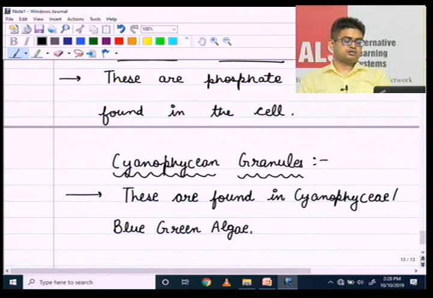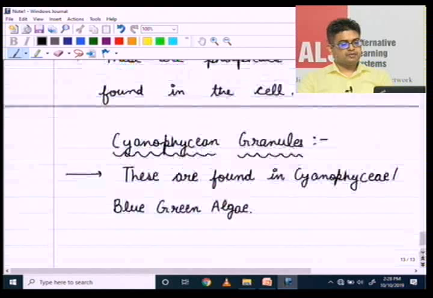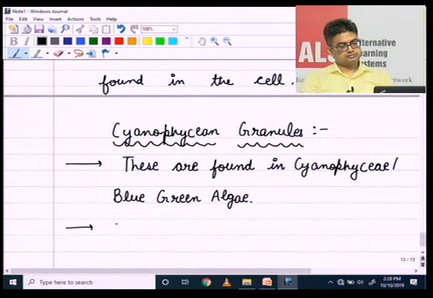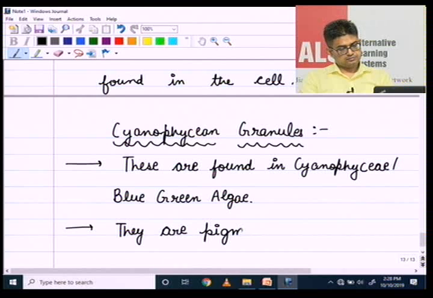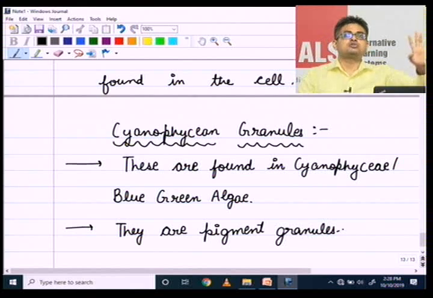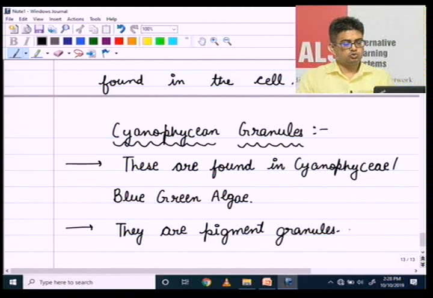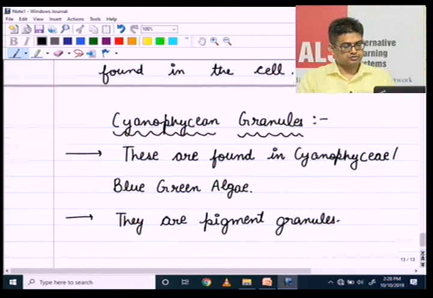These are pigment granules. They are not covered by plasma membrane. No plasma membrane around these structures.